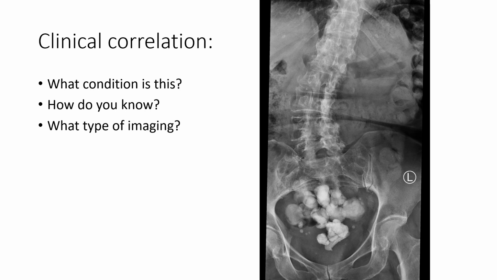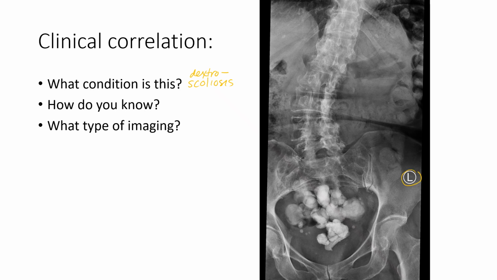This is scoliosis, and specifically it's dextroscoliosis. It's all one word, but I've split it so I can fit it without impinging on the image itself. What does dextro mean? It means to the right.